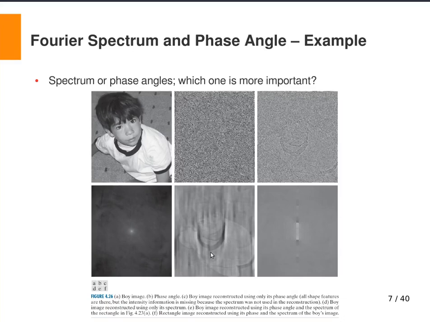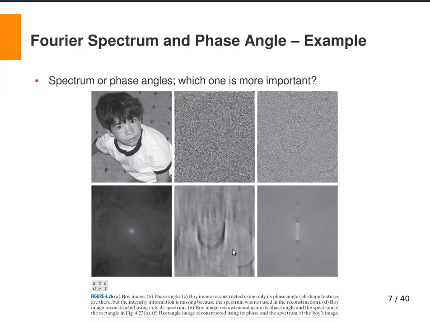To show it further, this is the image of the boy reconstructed using its own phase angle information, but with the Fourier spectrum information of the rectangle image that we had in the previous lecture. So as you can see, we have a little bit of the intensity information, but mostly it is lost.